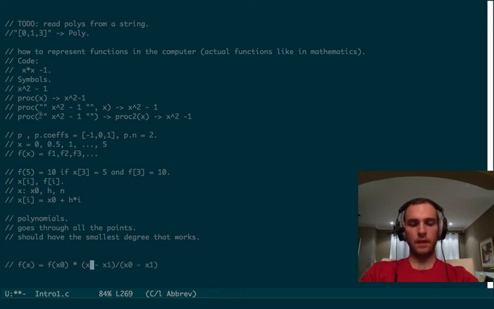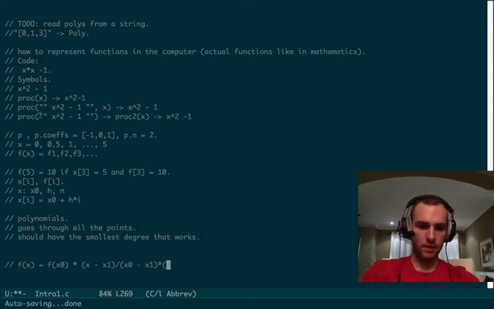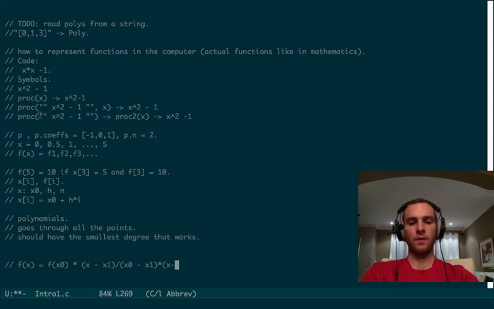Alright, and the advantage is that when x is equal to x1, this goes to 0. So we'll get no contribution from this when x is equal to x1. And then you have to multiply by x minus x2 over x0 minus x2, right?